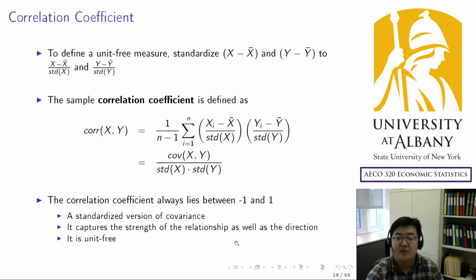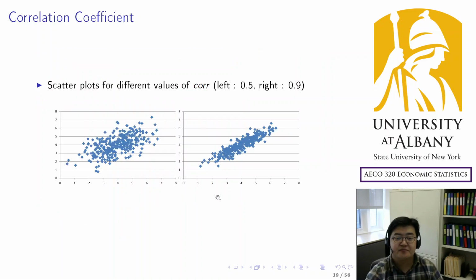Okay. The idea is again simple. Standardize the covariance. That's the basic idea. And look at this. These are the same graphs I used in the first video today. At the time, I explained the strong relationship and the weak relationship.